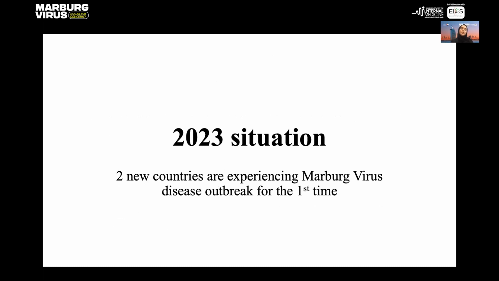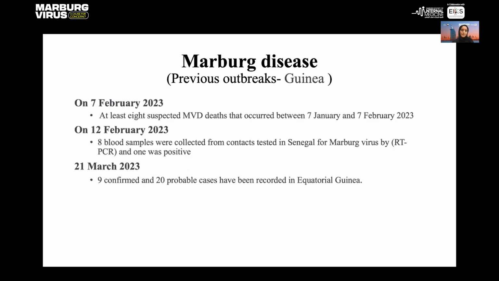What's more concerning is that these 2 countries are naive countries that had not isolated Marburg virus infection previously. So it's the first time for these 2 countries to deal with an outbreak related to this very contagious and very fatal virus. And therefore, there are some results that show community outbreak or transmission, and therefore control is an issue.